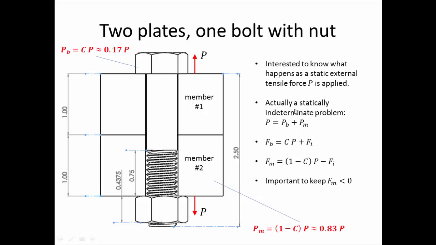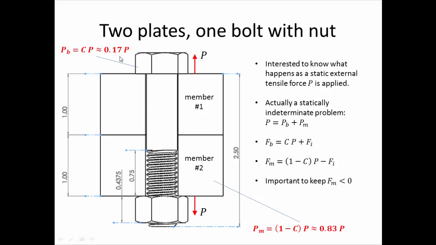What we're interested in knowing is, when we have this static external tensile force P applied to the members, what's going to happen? Well, this is a statically indeterminate problem. Part of P is going to be carried by the bolt, and part of P is going to be carried by the members. The way it's split up is based on the joint stiffness constant.